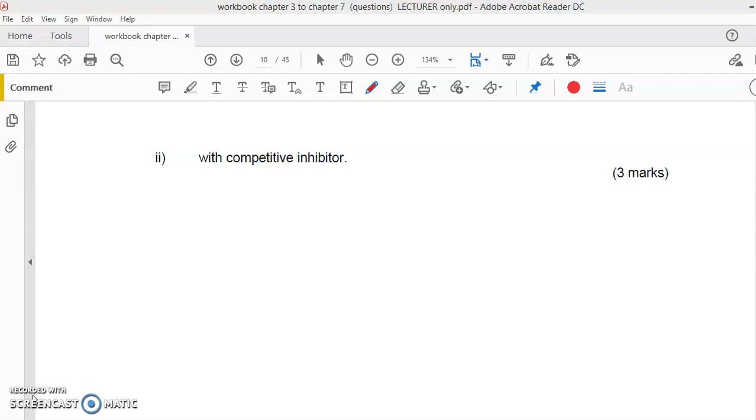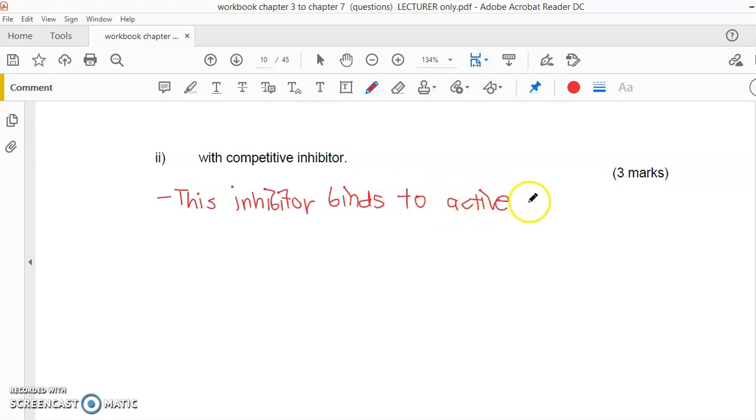With competitive inhibitor, we can say that this inhibitor binds to the active site because it competes with the substrate, yeah?